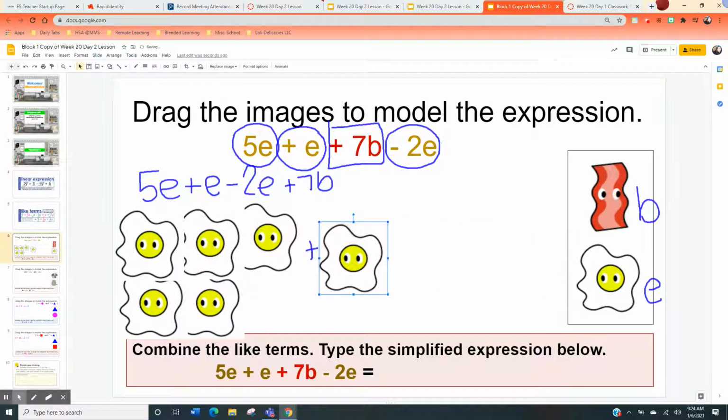Okay, now question. It says minus 2e. When it says minus 2e, am I going to add 2 more eggs, or am I going to take away some eggs? With minus, I'm going to take away.